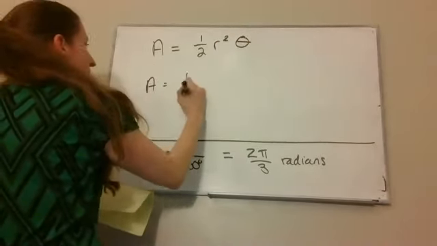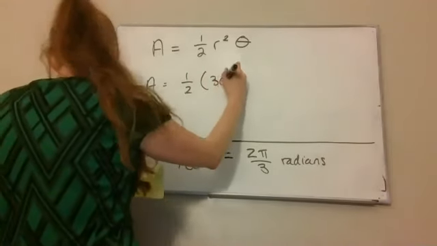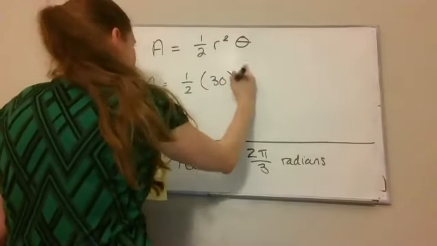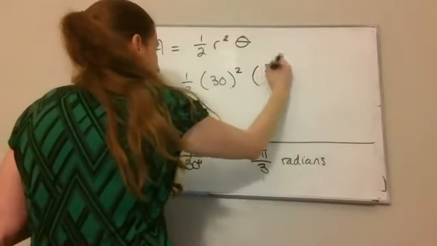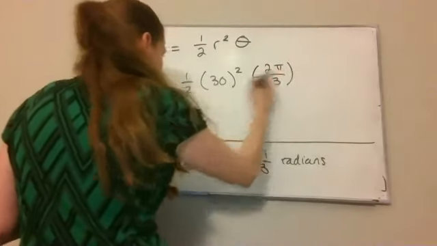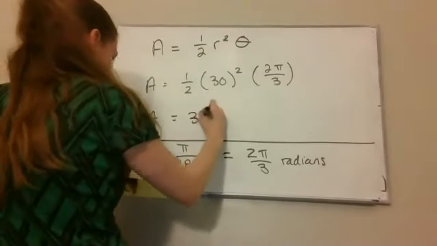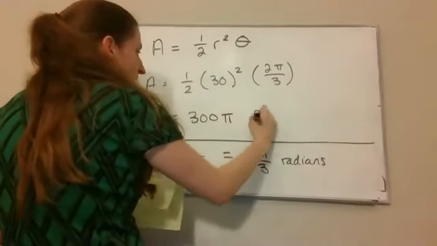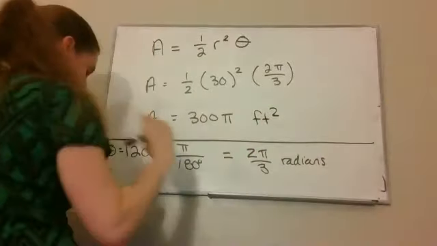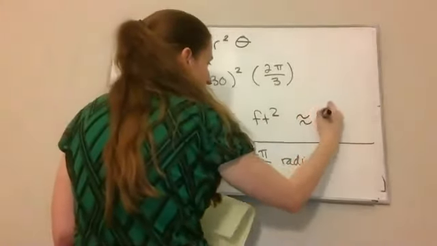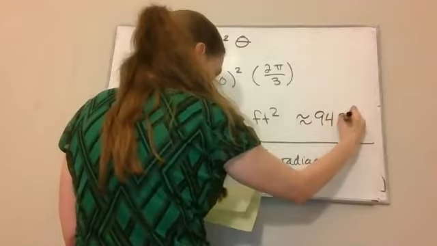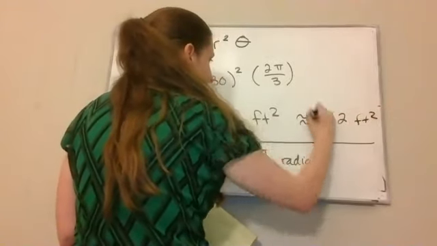So for my problem, my radius was 30 feet. My theta is 2 pi over 3. When I multiply this out, I get 300 times pi square feet, which rounded to the nearest whole unit is 942 square feet.